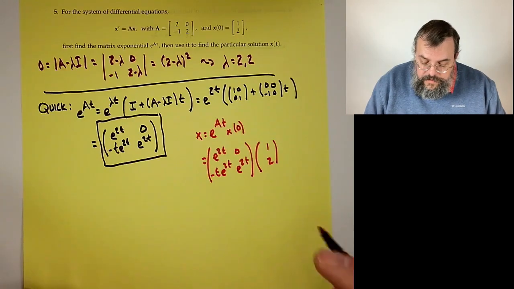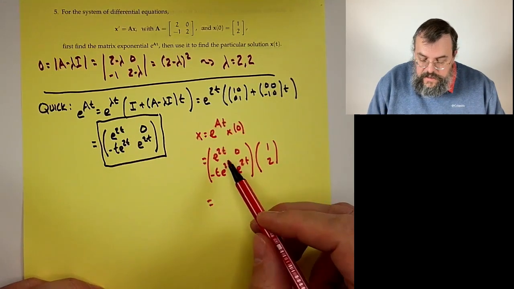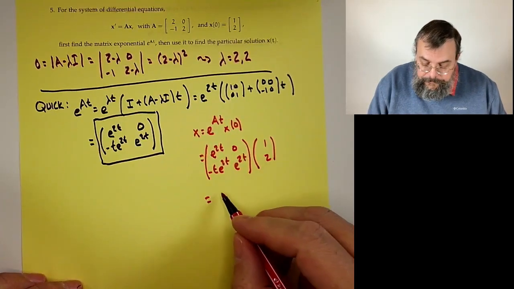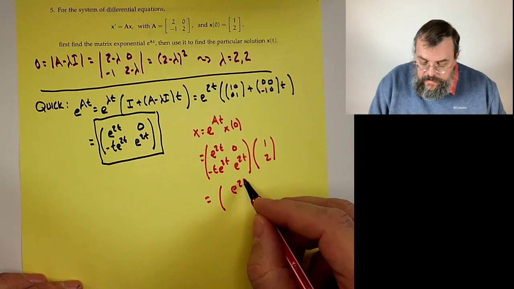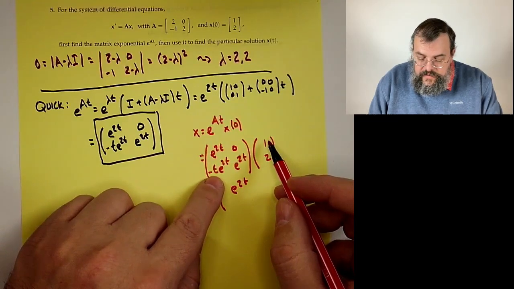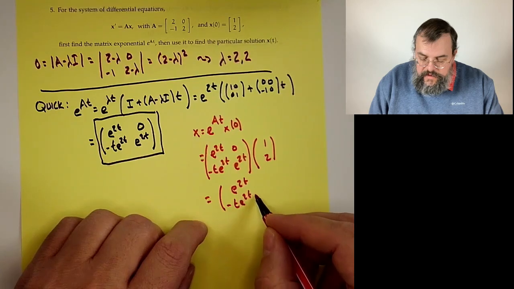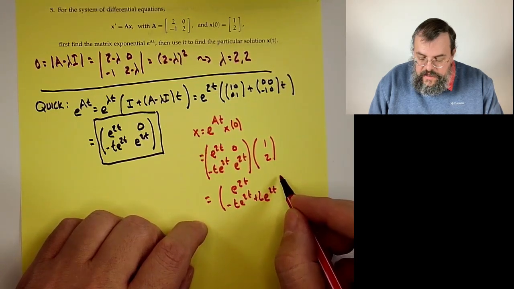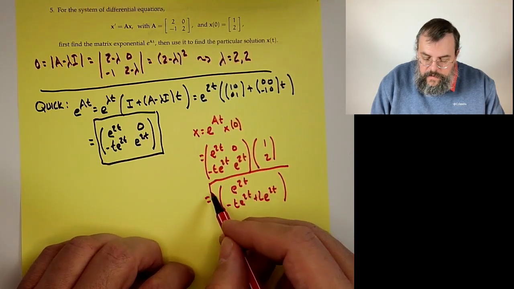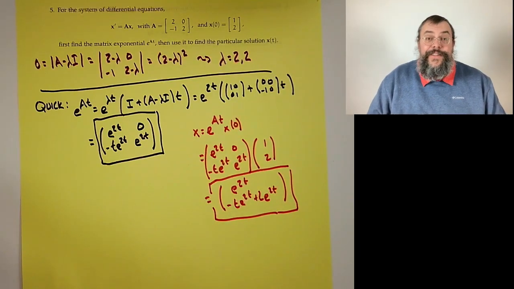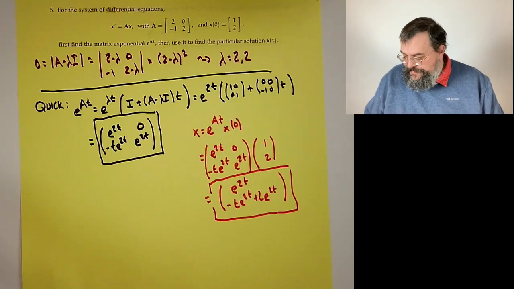We do our multiplication, and we get e to the 2t plus 0, that's e to the 2t, and then minus t e to the 2t plus 2 e to the 2t, and we're done. All right, so that was the quick way.